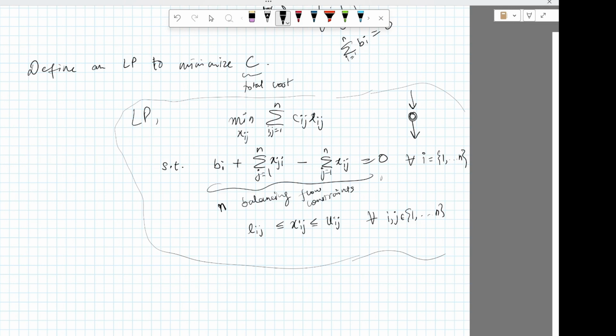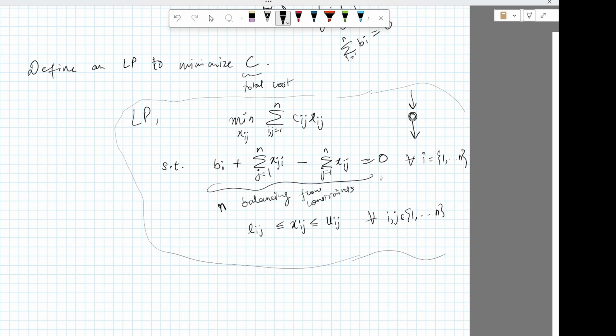So this bi summarizes how much supply and demand there is.